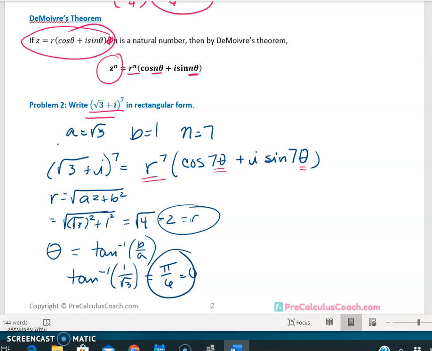Okay, so what we'll do is plug the r and the theta into the polar form, and then we're going to simplify it. So we'll have r, which is 2 to the 7th, times the cosine of 7 times pi over 6, plus i times sine of 7 times pi over 6.